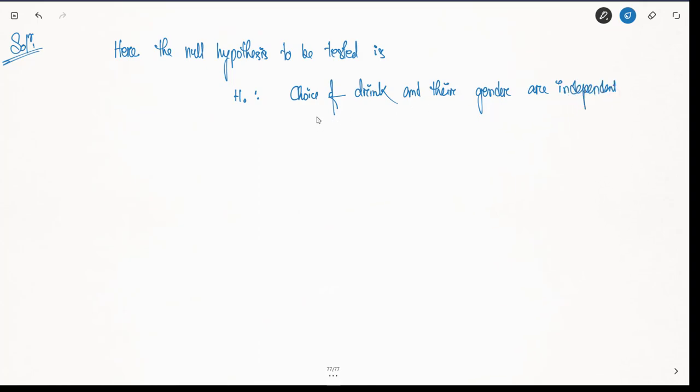Or you can also write it like choice of drink has no relationship with their gender. They will mean the same, right?